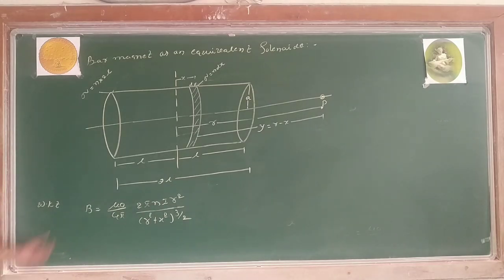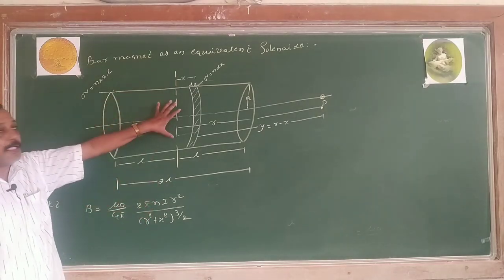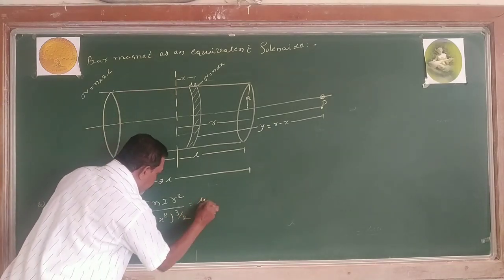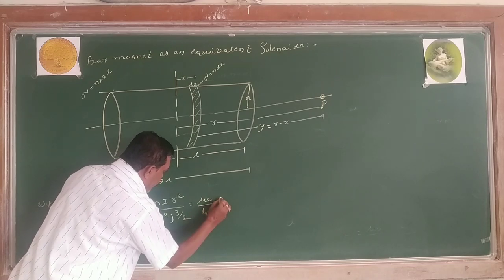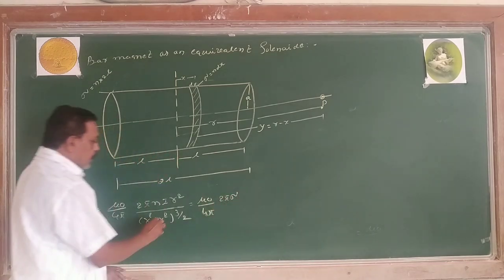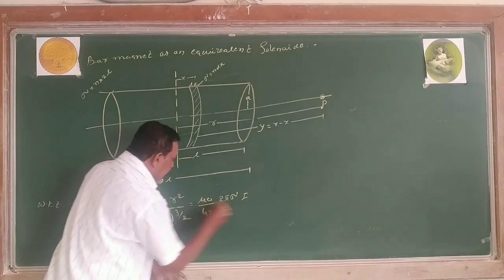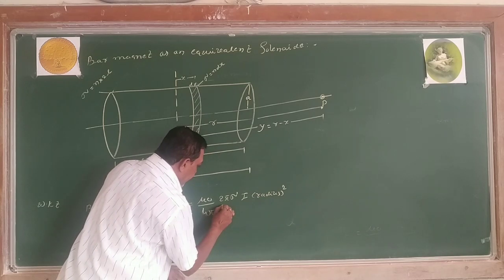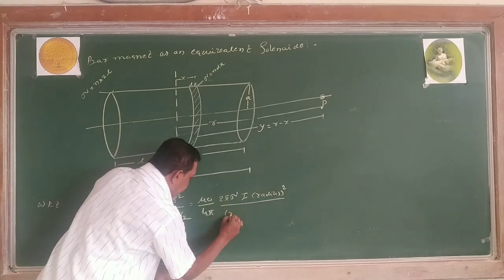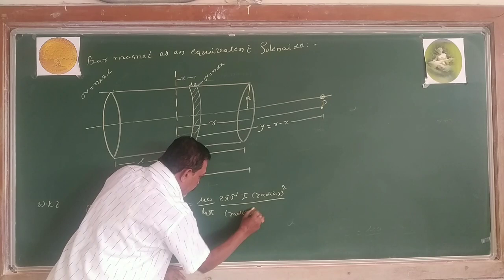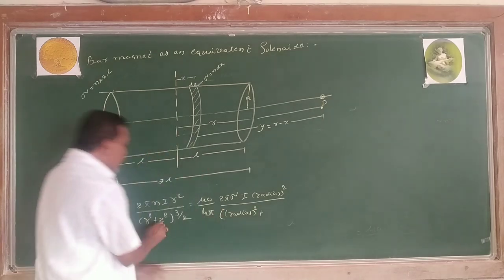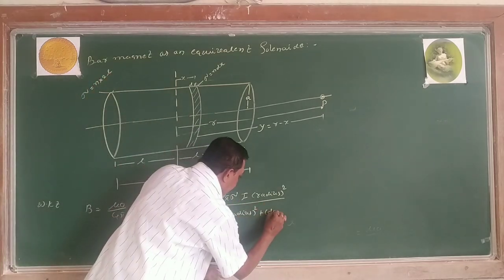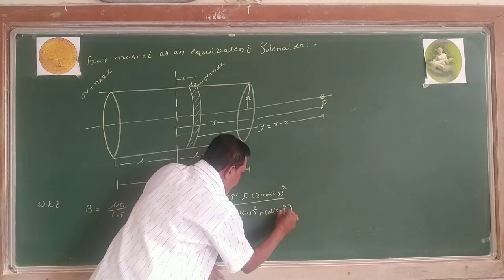Then I can write according to my equation, n is nothing but the number of turns, mu naught divided by 4 pi, 2 pi, number of turns, current, r is the radius, radius square divided by radius square plus x square, where the point P is at a distance x, to the power 3 by 2.